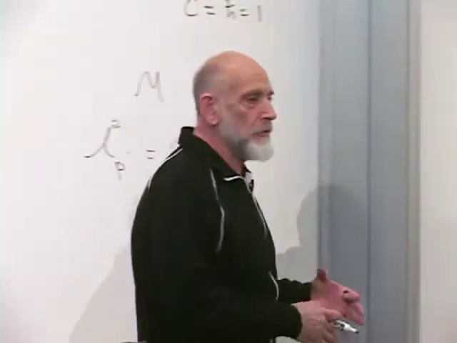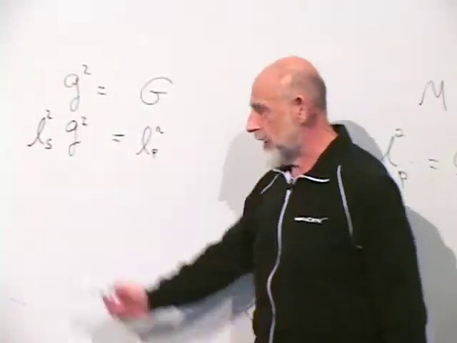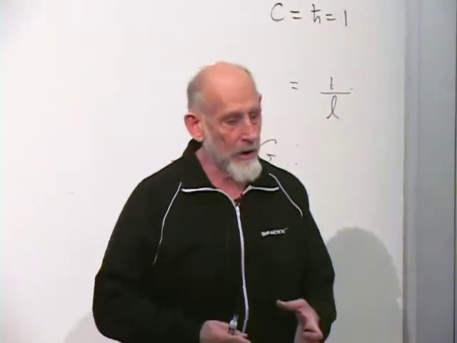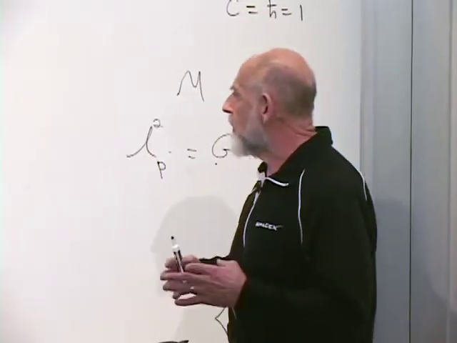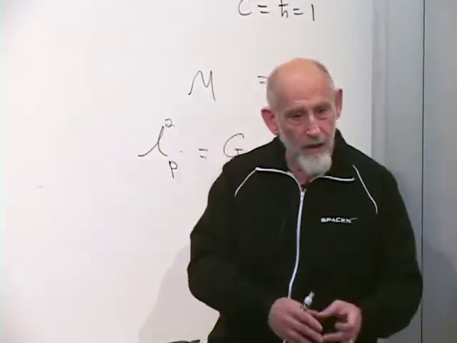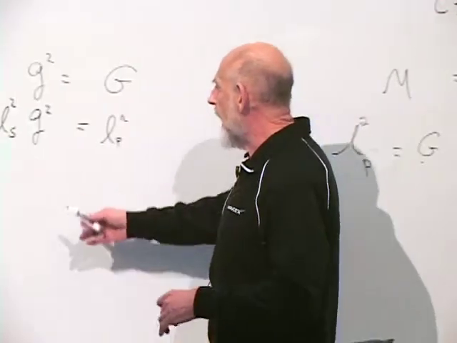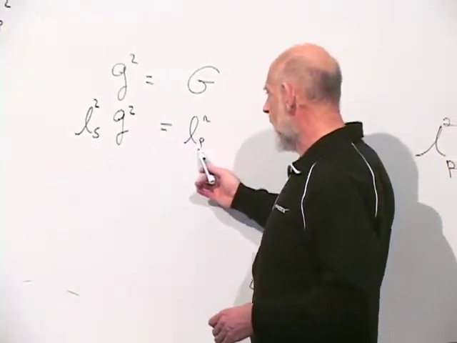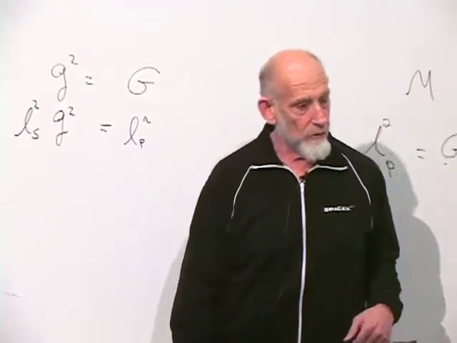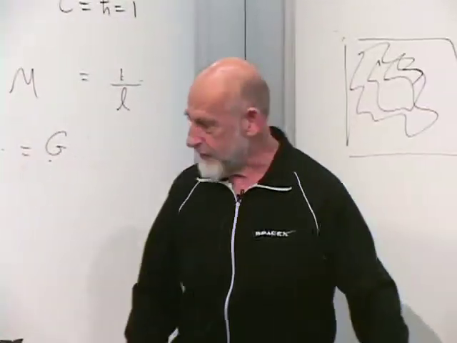So in fact, this little g which appears here can also be thought of as having to do with the relative size of the Planck length scale, the length scale that has to do with gravity, and the string length scale. In fact, we can even take the square root of this equation. Let's do so.